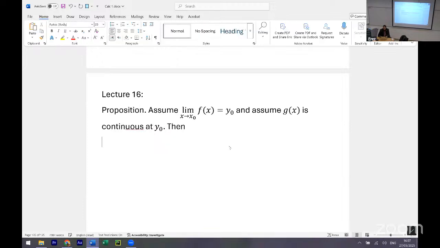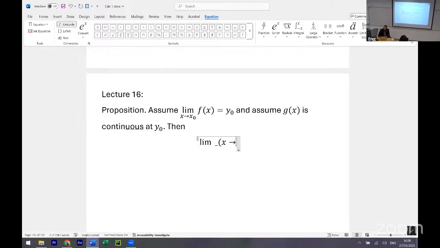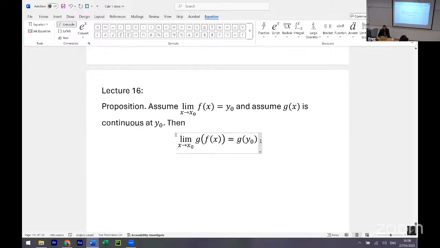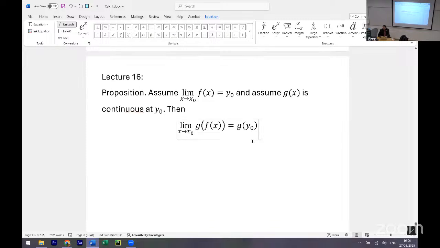Then the limit as x approaches x0 of g of f of x, what do you think it would be? G of y0, exactly.